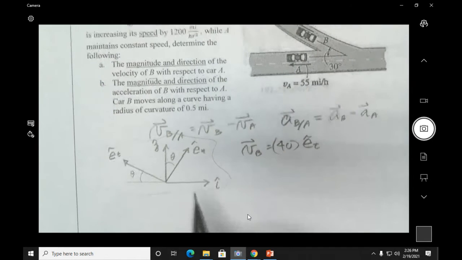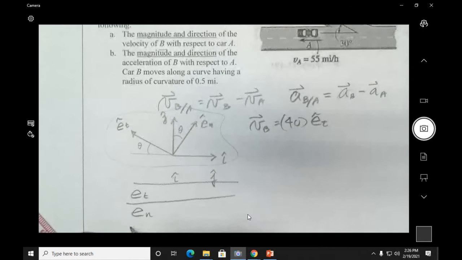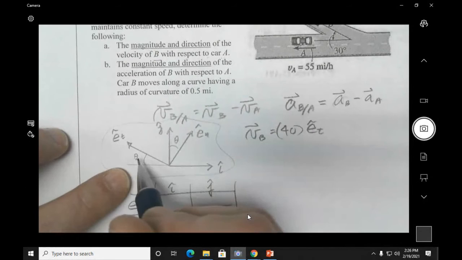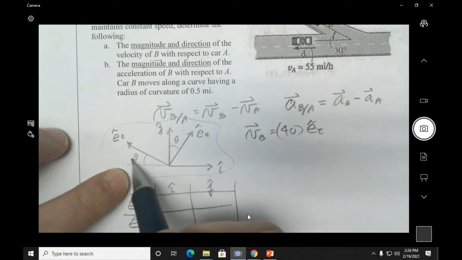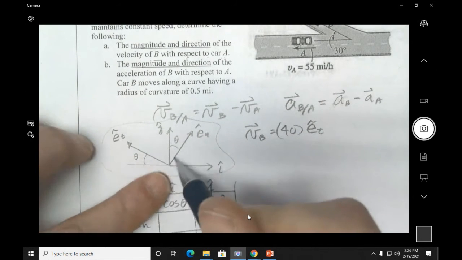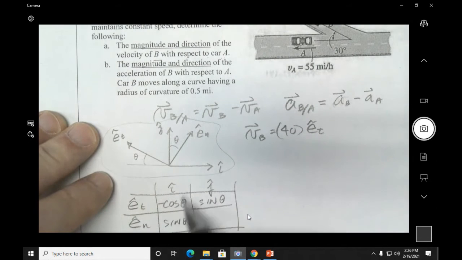So we take our coordinate transformation matrix here, and say we have ET and EN and I and J. For ET going across, we're going to have a negative cosine of theta and a positive sine. And here we're going to have a positive sine for the En and a positive cosine.